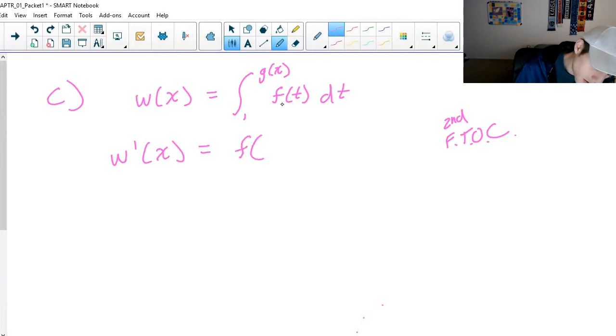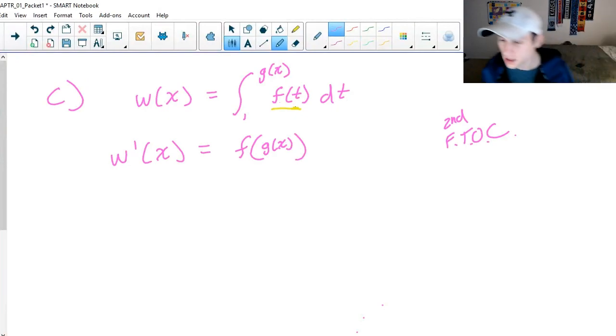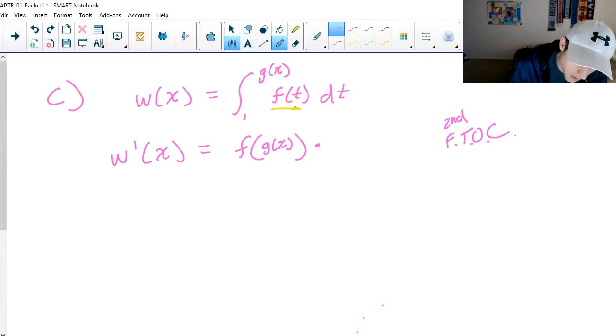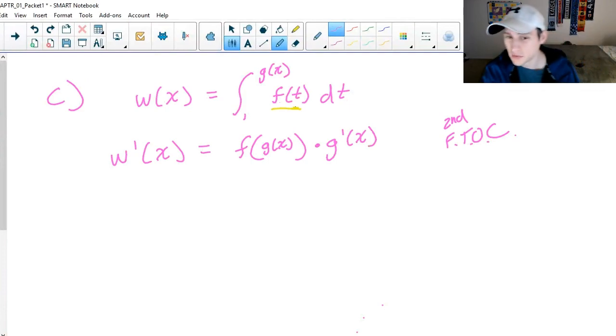So we take our function, whatever it is, and we plug in the upper bound, but we have to use chain rule. So that's times the derivative of the bound.